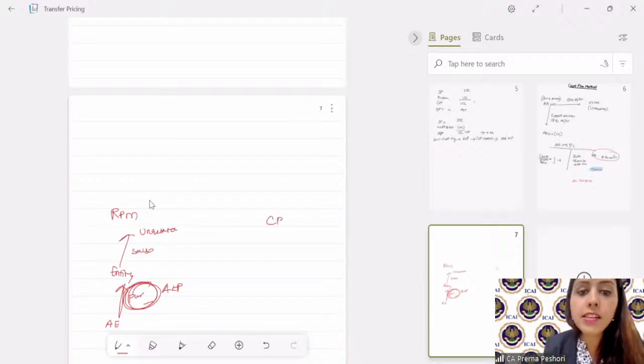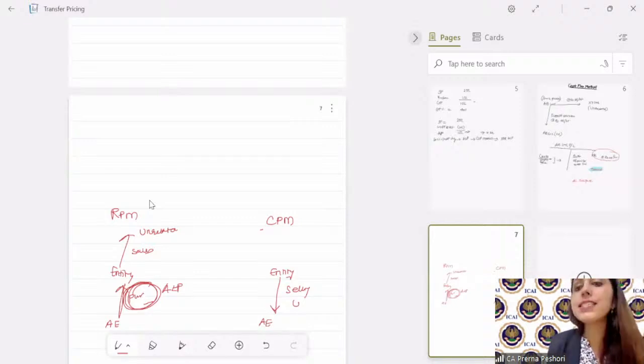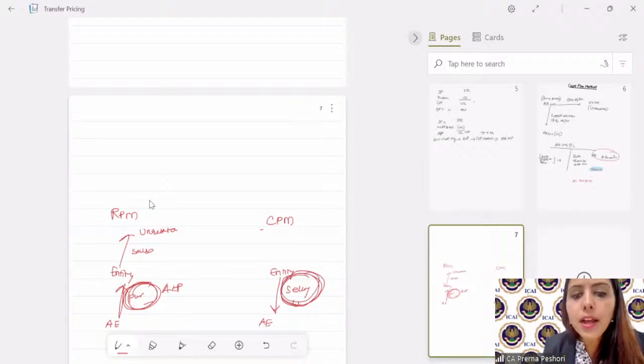Here under CPM, I am selling to the A. So this is what I need to find out, my sale price as the ALP.